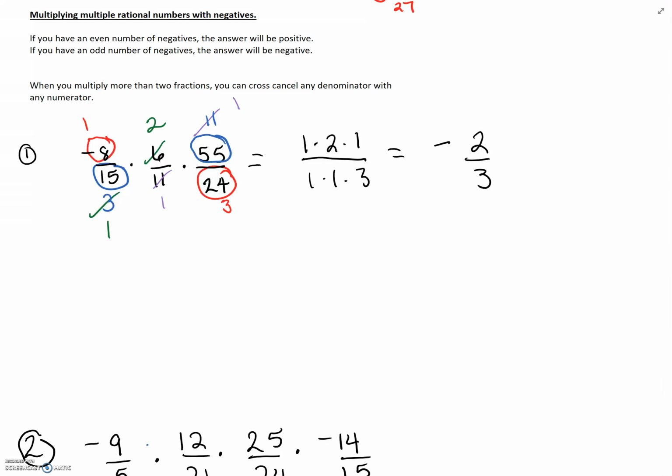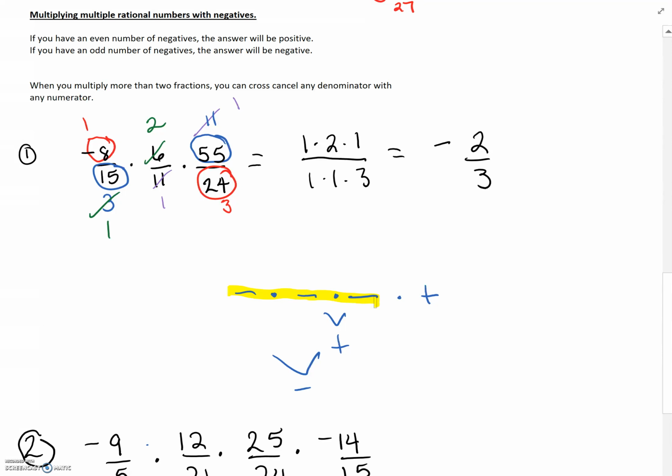If you have 2 negatives, you're going to get a positive, even if there's another positive in there, right? Because that would give you a positive. If you have 3 negatives, that's an odd number of negatives, right? And so that would give you a negative. So if you have an odd number of negatives, your answer is going to be negative.